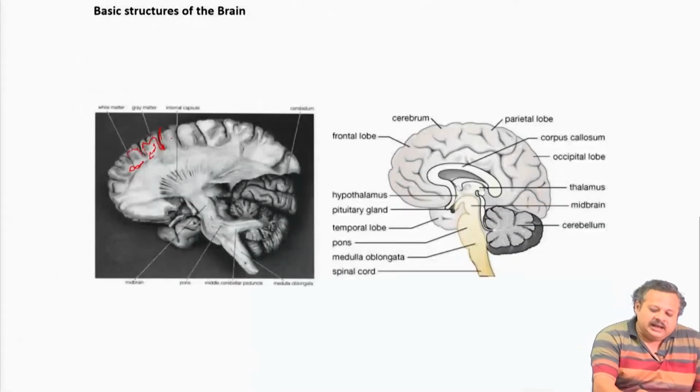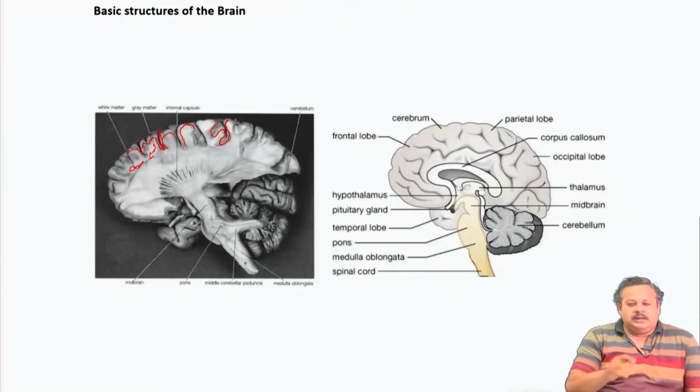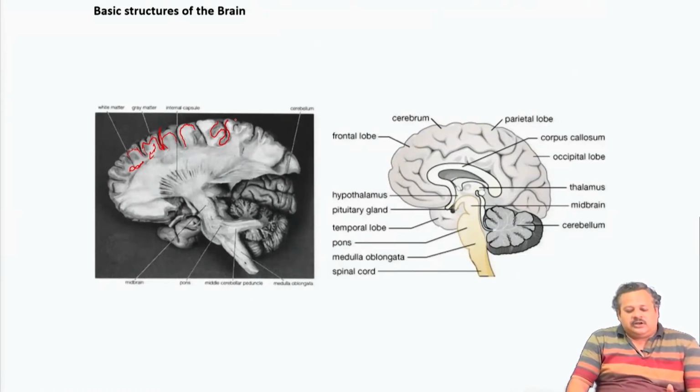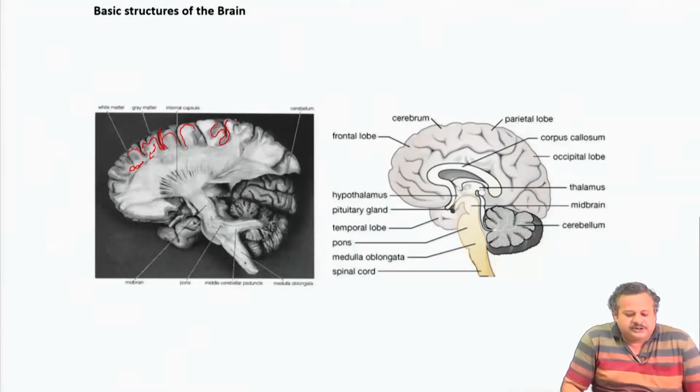The cell bodies that are present in these gray matter areas in the different gyri are what the different regions are made up of. So, these are regions with neuron cell bodies, and they contain a layered structure, which is the cortical layers. So, layer 1, 2, 3, 4, 5, 6, as we had discussed in our previous lectures.